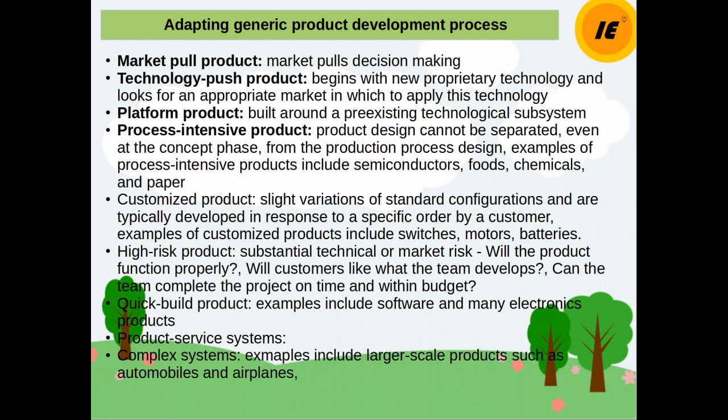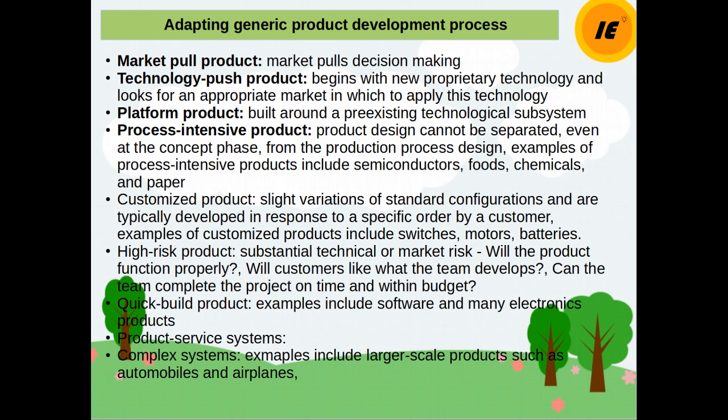Now the next example is the platform product. A platform product is built around a pre-existing technological subsystem, a technology platform. That's why it's called a technology platform or platform product. Examples of such platforms include the Intel chipset in a personal computer, the Apple iPhone operating system, and the blade design in a Gillette razor.